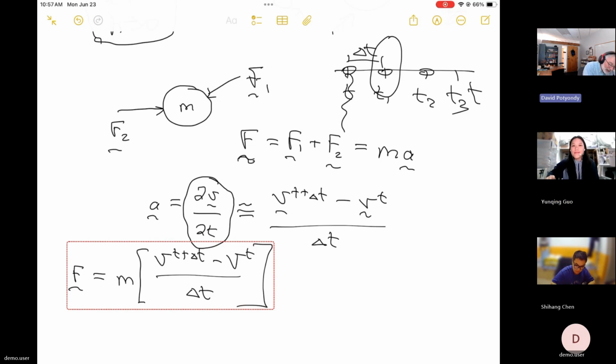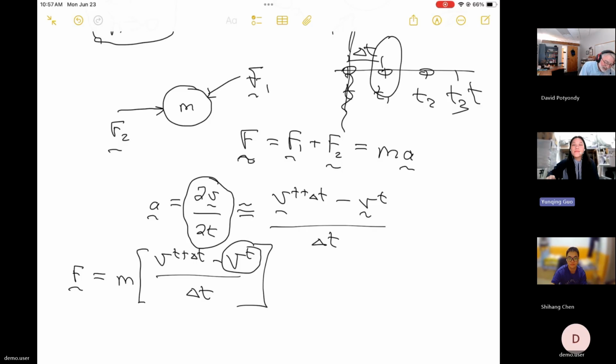I assume that I know everything at t, so I know this value. And let's assume I know delta t. I've decided what delta t is going to be, which means I know this value. It's a particle. It has mass. I know this value. This is the total sum of forces. So I know this value.